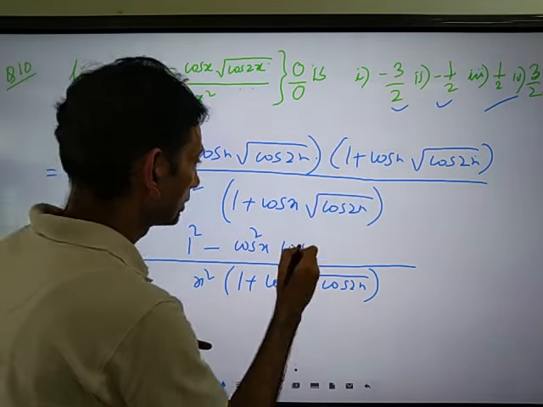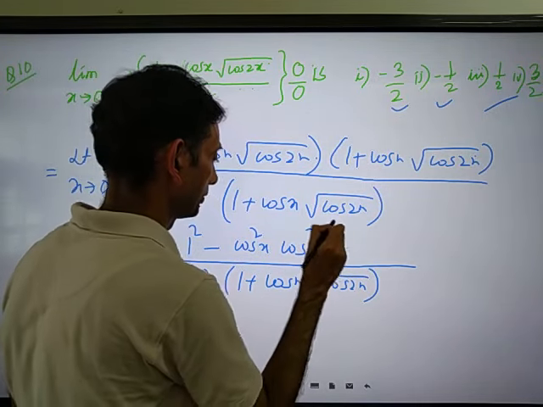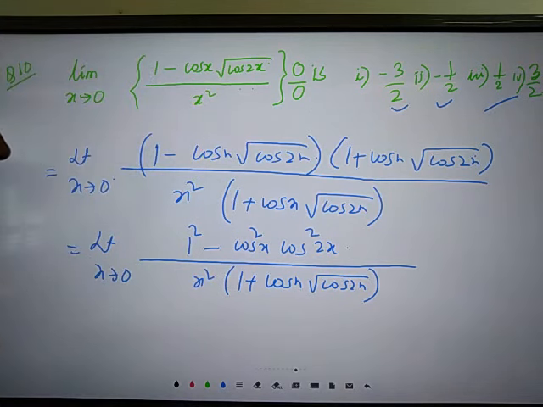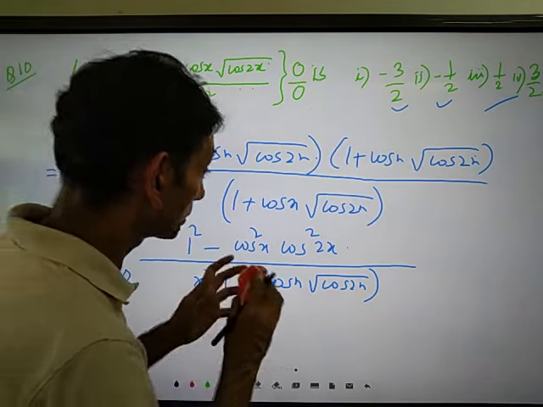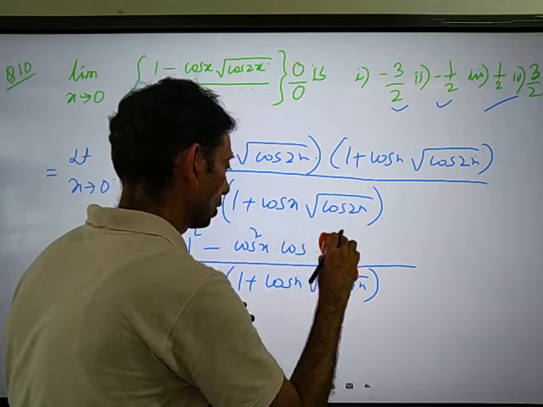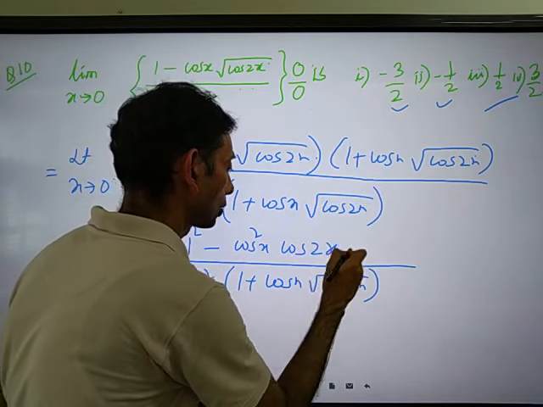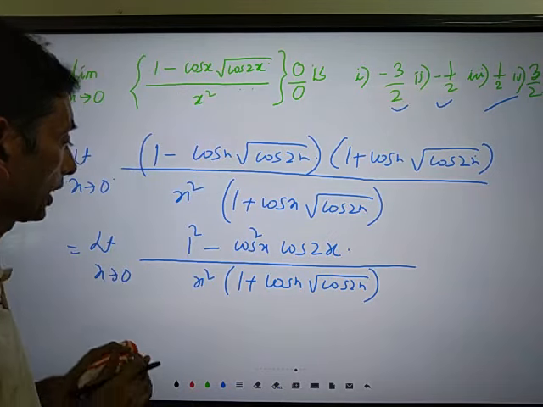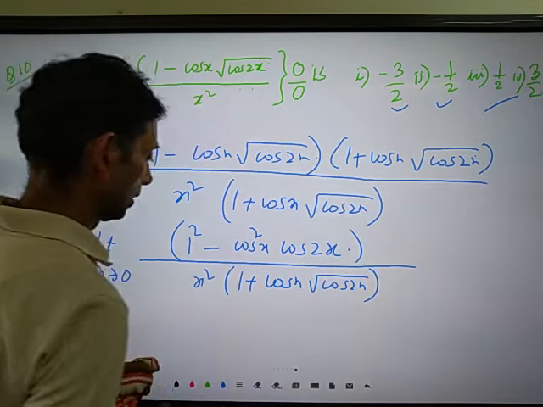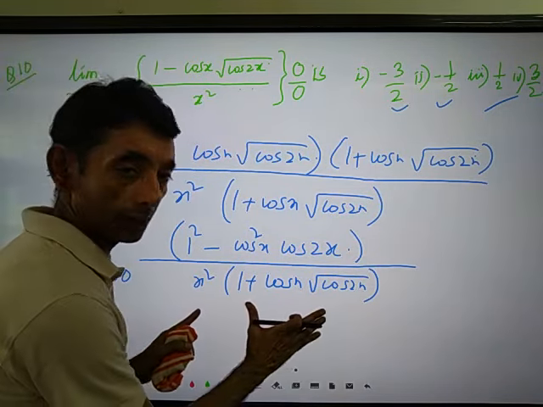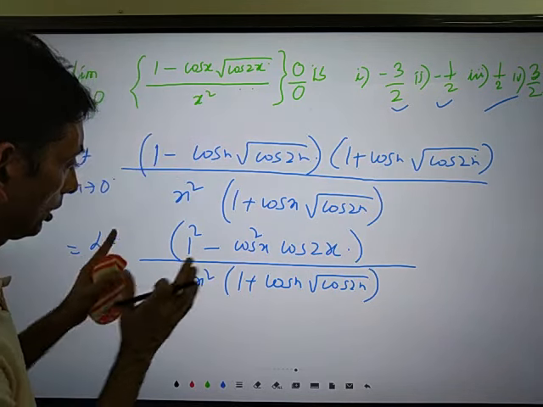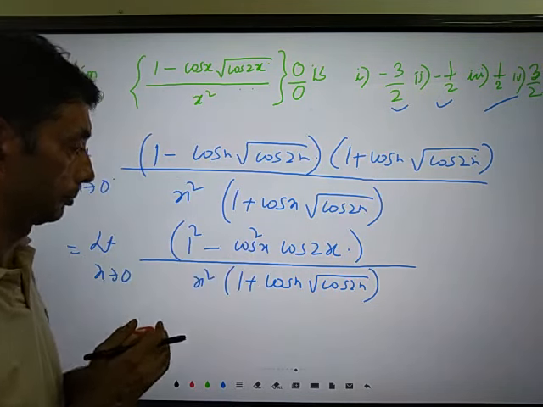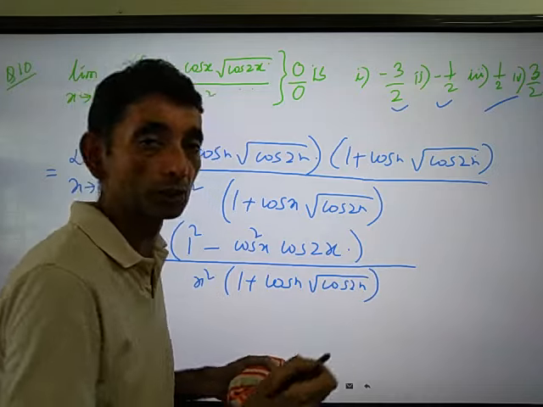If you square it, this will be cos squared twice x. Done, right? So it's a square minus this will be, no, it will be only cos twice x, not cos squared, because root cos twice x into root cos twice x is only cos twice x. Done? Let us not try anything with the denominator now. Let us focus on the numerator, because still it is in the form 0 by 0.